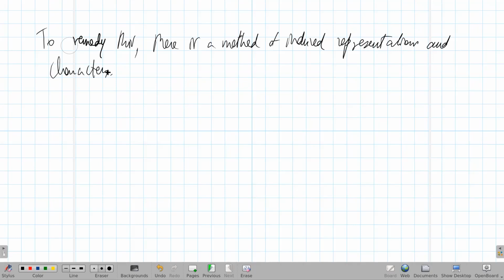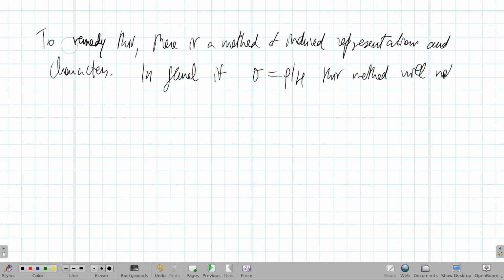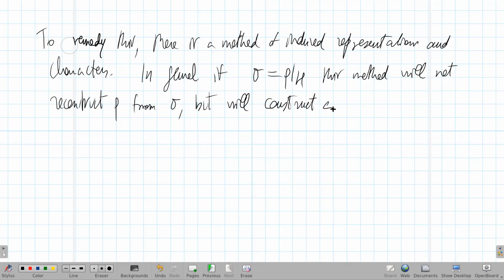In general, if sigma is the restriction, this method will not reconstruct rho from sigma, but will construct, say, a representation of G, which at least contains sigma.